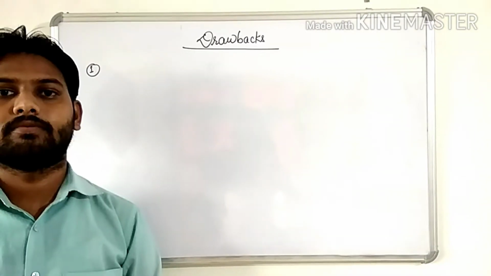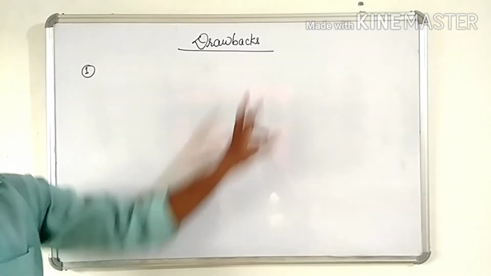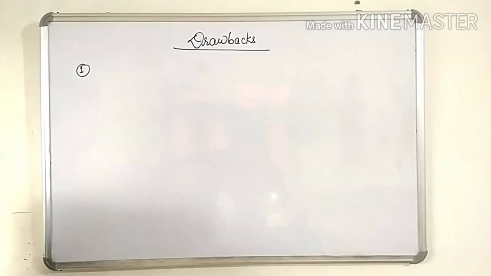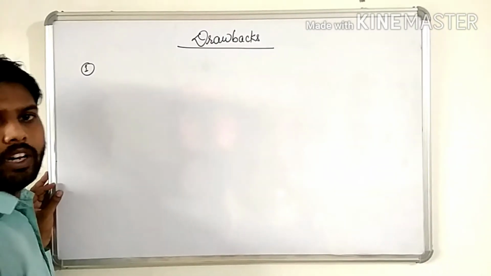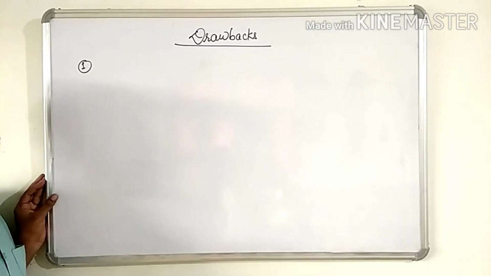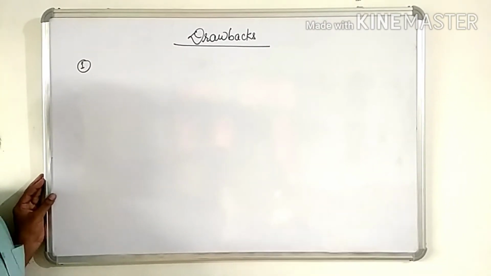Now, children, see the drawbacks of John Dalton's atomic theory. First, Dalton stated that atoms can neither be created nor be divided.